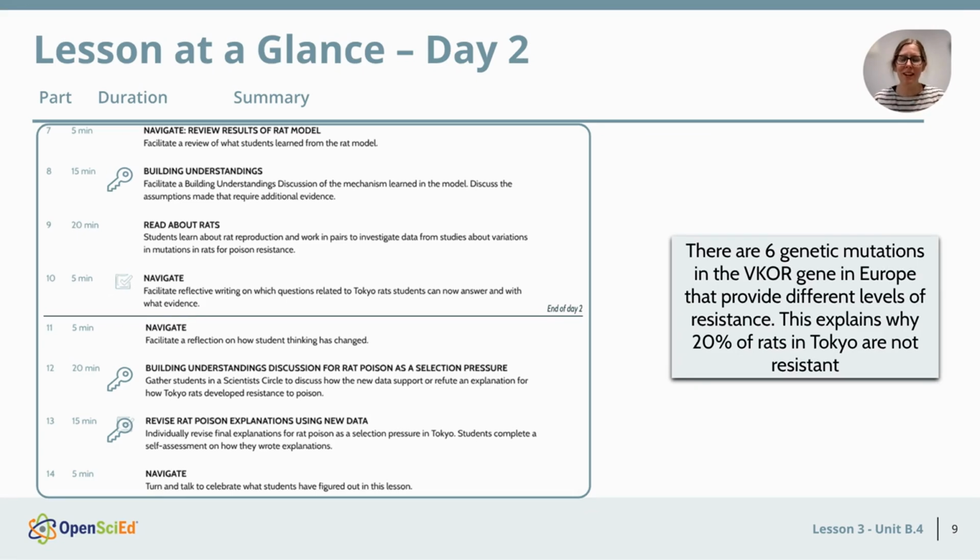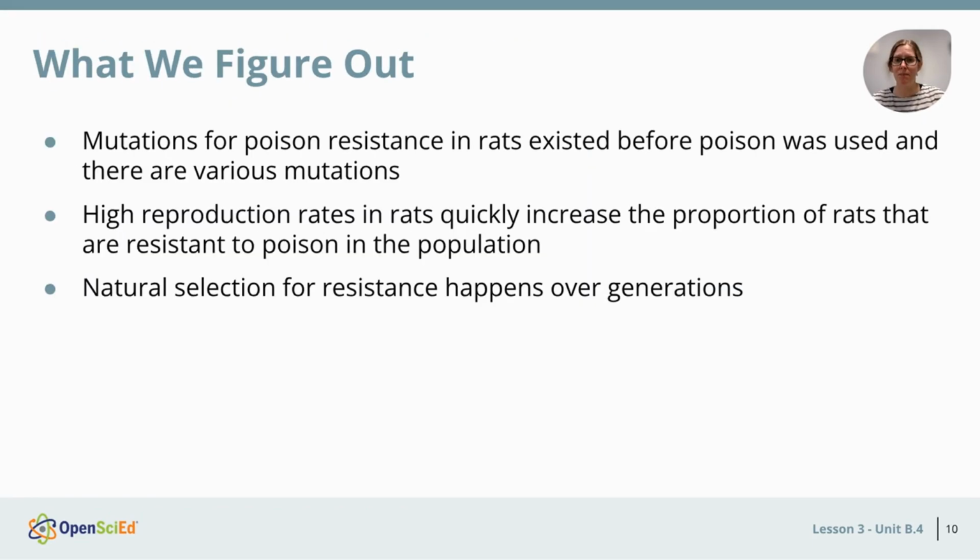What we're figuring out in this loop is that there are 6 genetic mutations in the VKOR gene in Europe that provide different levels of resistance. This explains why 20% of rats in Tokyo are not resistant, that we still have non-resistant genes. And this leads us to wondering, what is the role of learned behavior in how a population changes over time?